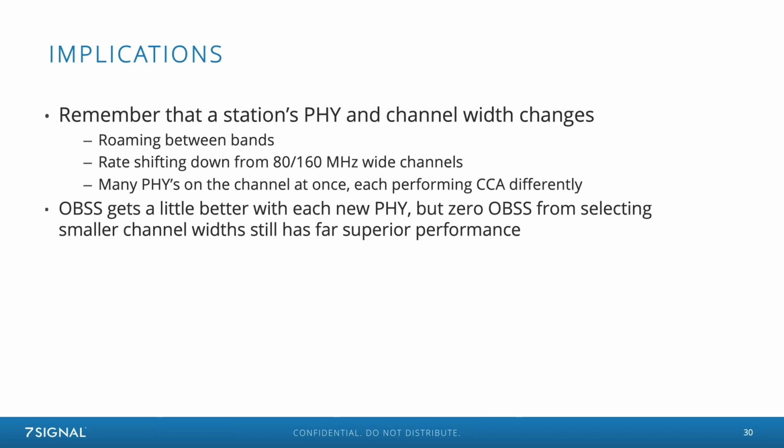Those marginally are improving OBSS, but from a broader perspective, no OBSS is so much better, even when we give up a little bit of that top end performance to go to a smaller channel width, in terms of overall system performance.